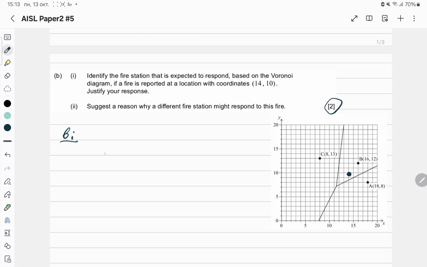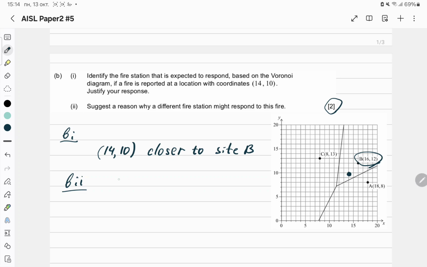We can also say that point (14, 10) is closer to site B. So this is site B. That's for B1. And B2: suggest a reason why a different fire station might respond to this fire. So what is the reason why a different fire station might respond? We can give different reasons.